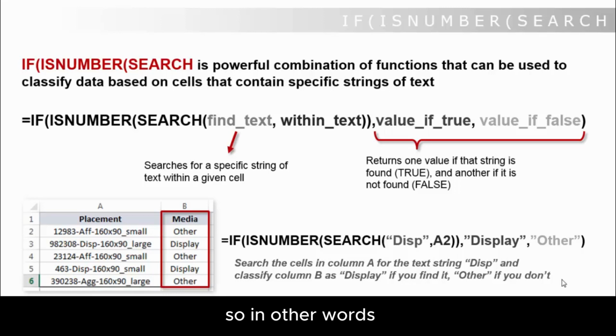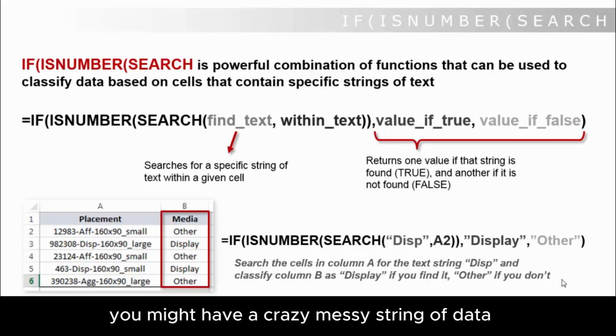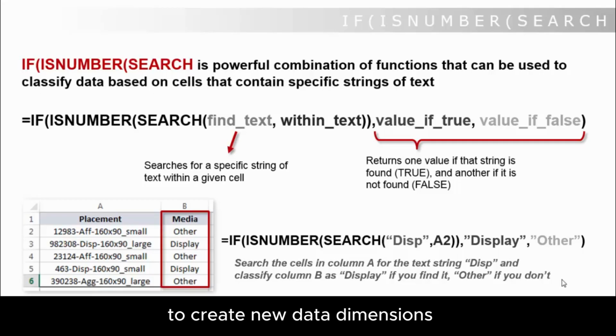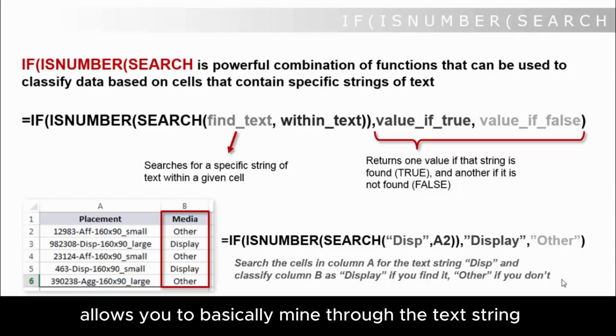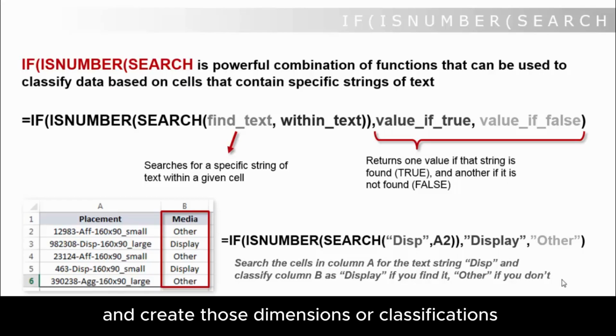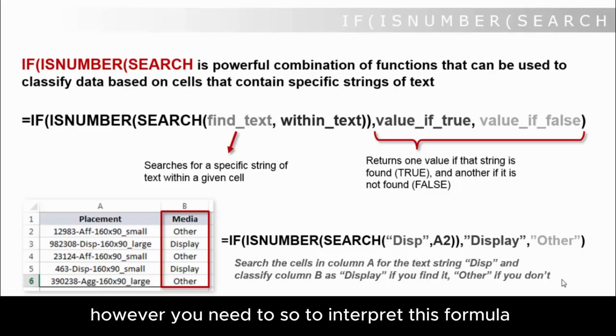So you might have a crazy, messy string of data that contains bits and pieces of useful information that you can use to create new data dimensions or classify new categories of data. IF ISNUMBER SEARCH allows you to mine through the text string, pull those out and create those dimensions or classifications however you need to.